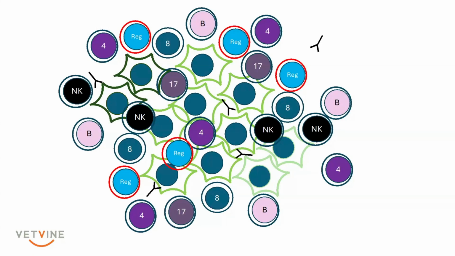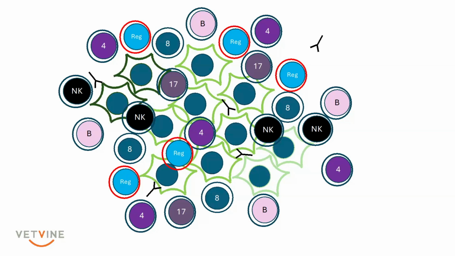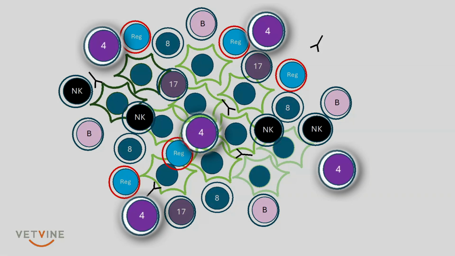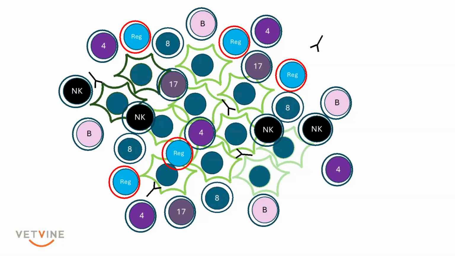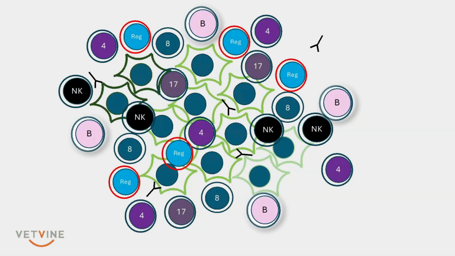And these include cells that are possibly trying to kill the tumor in CD8 positive cytotoxic T cells, cells that are helping to direct those in CD4 positive cells, B cells that might be reacting to tumor antigens and producing antibodies against the tumor, which can be potentially anti-tumor or can actually block potential therapeutics of the tumor.